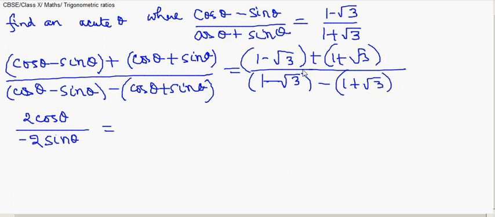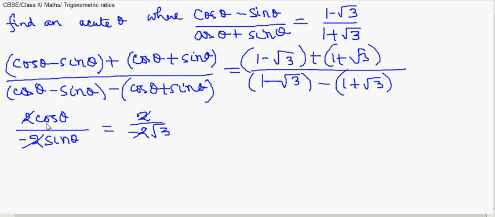And on that side I will be getting a 2, because root 3, once I remove the bracket, gets cancelled. Here 1 gets cancelled, so I'm getting a minus 2 root 3 as well. In that case, the 2 and minus 2 get cancelled.